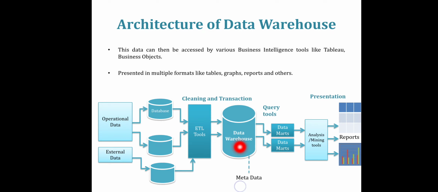That data we represent in the form of data marts, and on these data marts we can apply query tools or analysis tools, which represent the data in the form of tables, reports and graphs to the end user. This is the whole process of data warehouse architecture design.